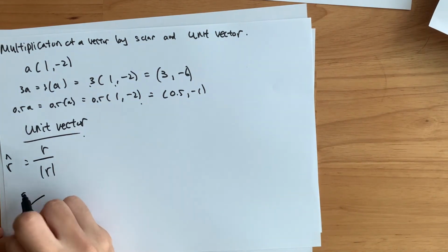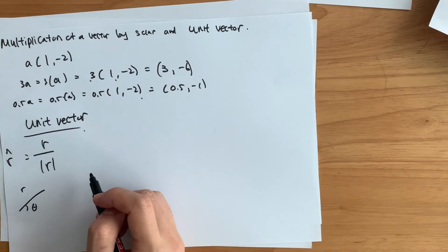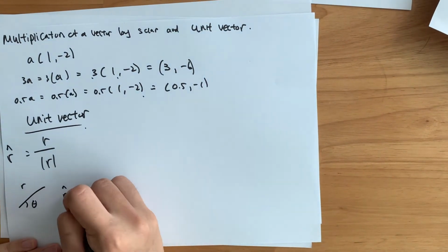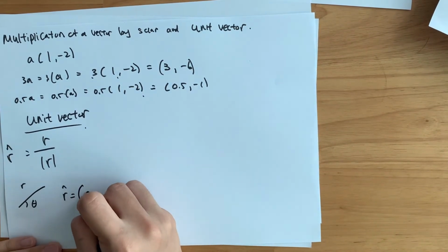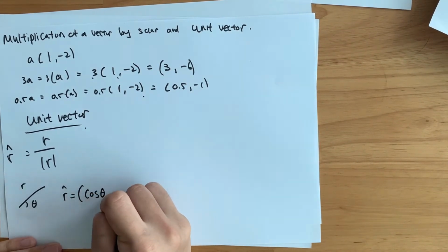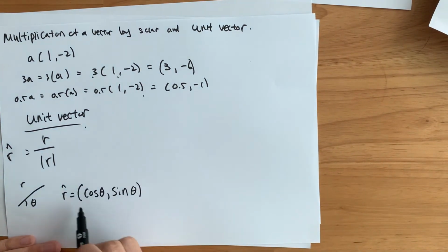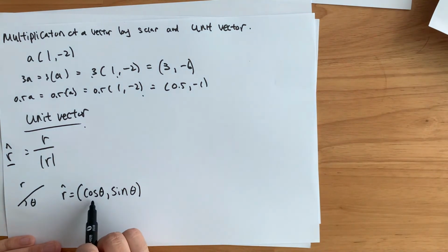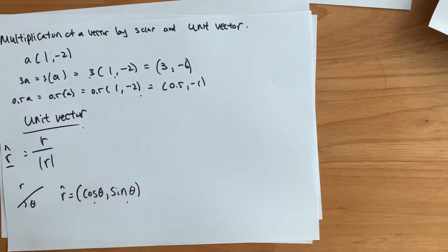You have this r and you have this theta, right? The unit vector r-hat is actually just cosine theta and sine theta. So what this tells is just the x value and y value in angles, right?